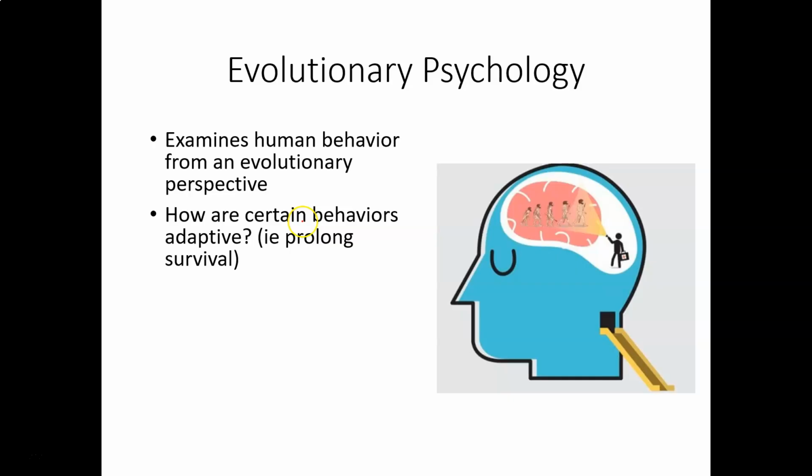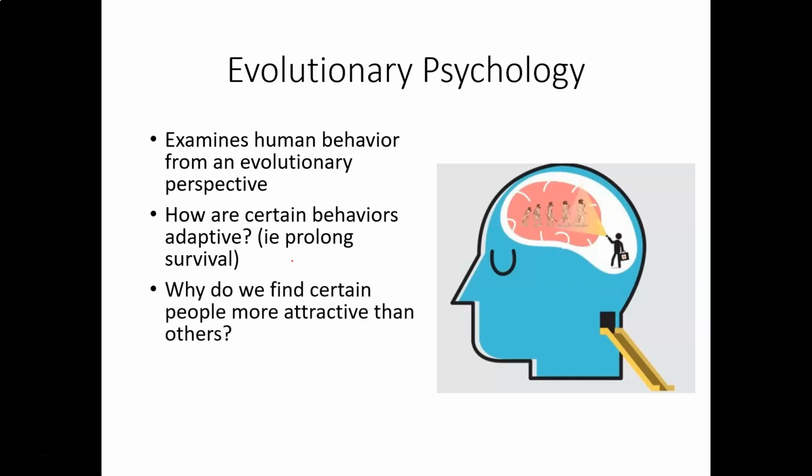How are certain behaviors more adaptive than others? In other words, how do they help promote survival, right? Like, how do they get passed along from generation to generation, assuming that they have conferred some adaptation that people without those behaviors didn't have, and so they didn't survive.